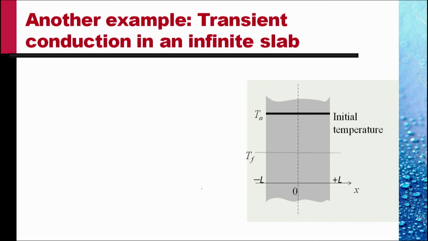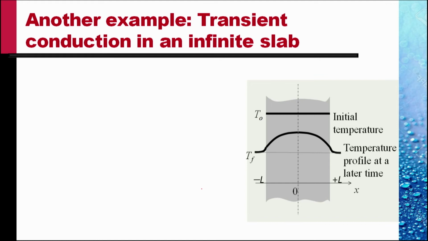This is an elementary problem of heat transfer, and after we submerge it, the temperature variation at any time t would look something like this. This profile will change with time, and after an infinite time, the temperature throughout the slab would again be constant at value Tf.